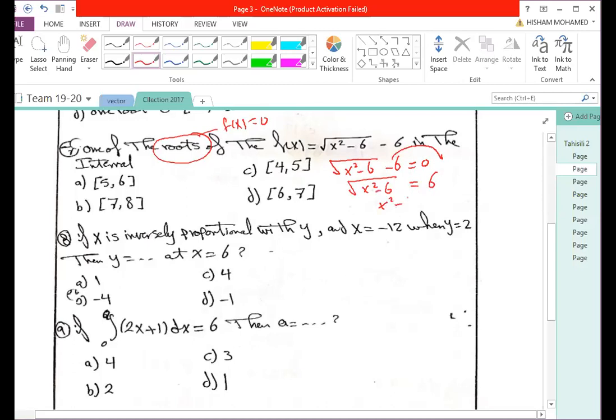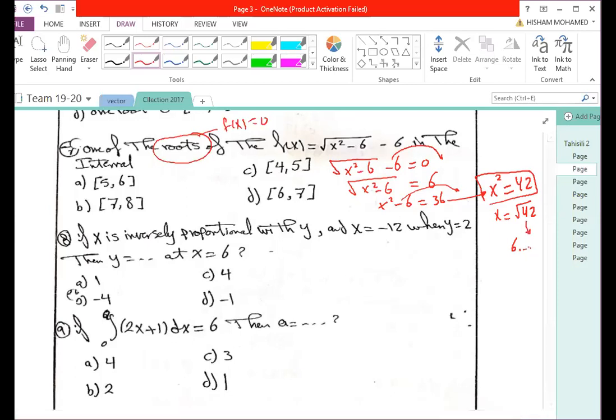So x squared minus 6 is equal to 36, so x squared, after moving negative 6 to the other side, is equal to 42. Now, the root of 42 is approximately between which two values? We know that it is 6 point something, 6.5, 6.3. It's between 6 and 7.